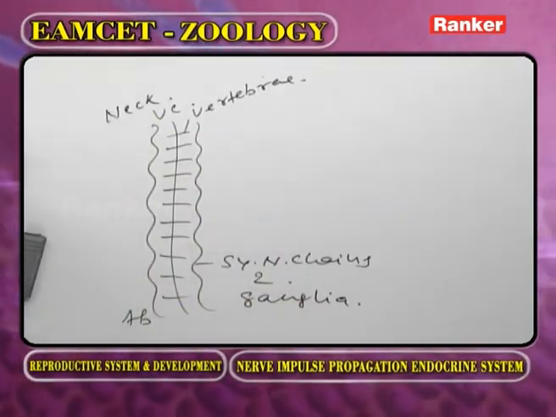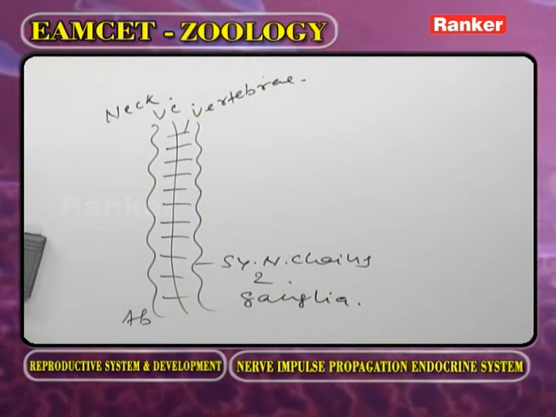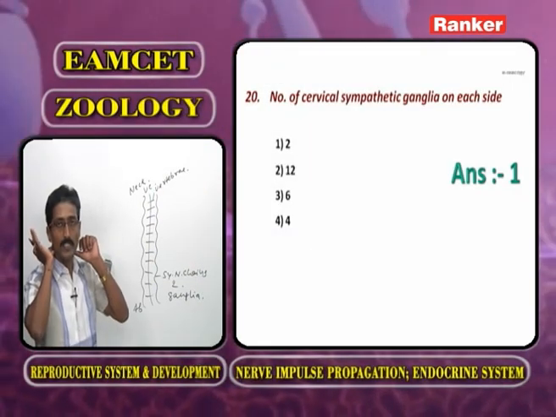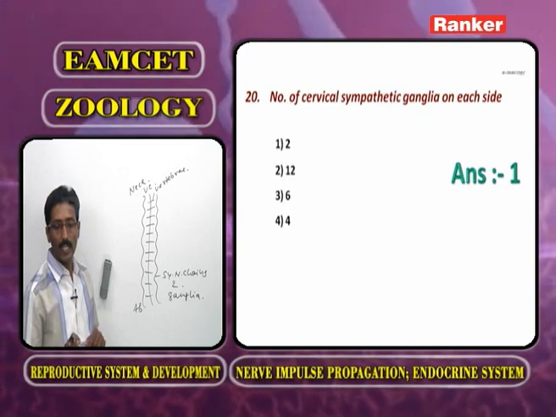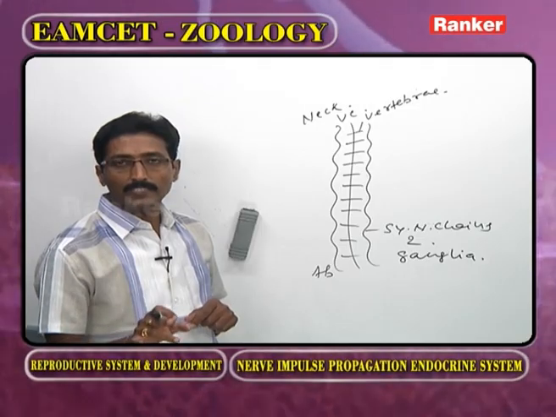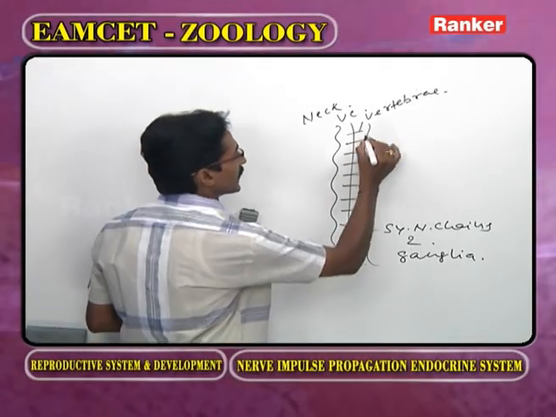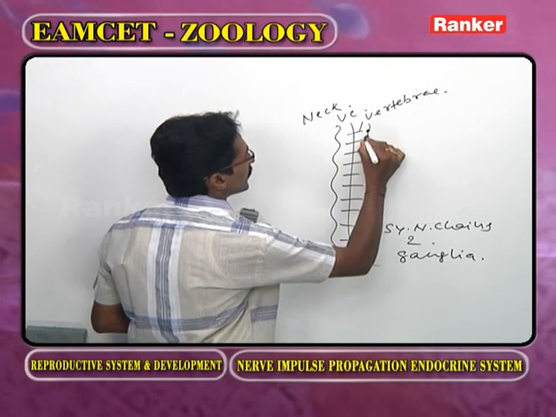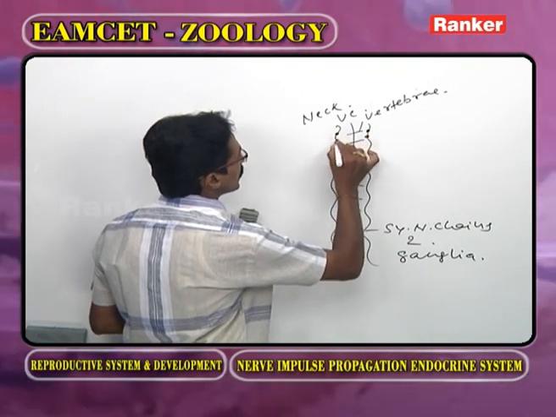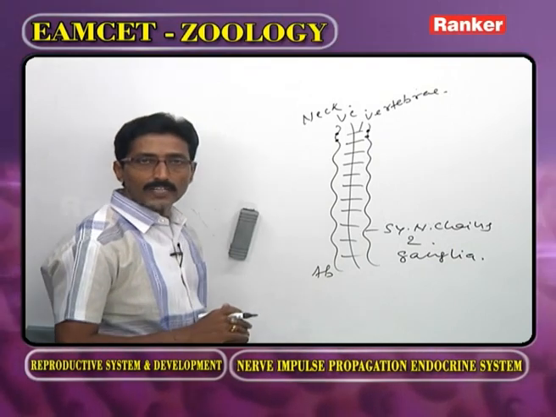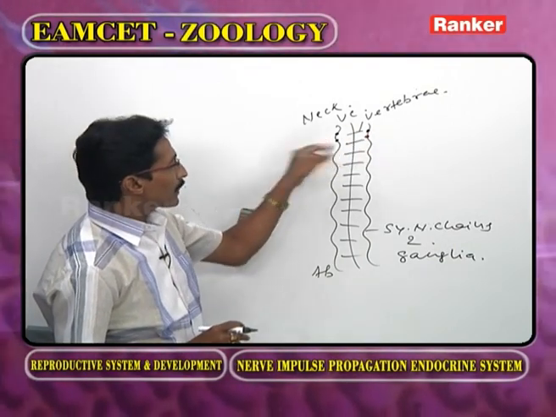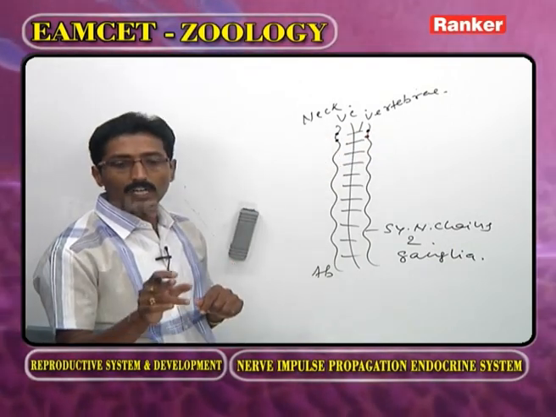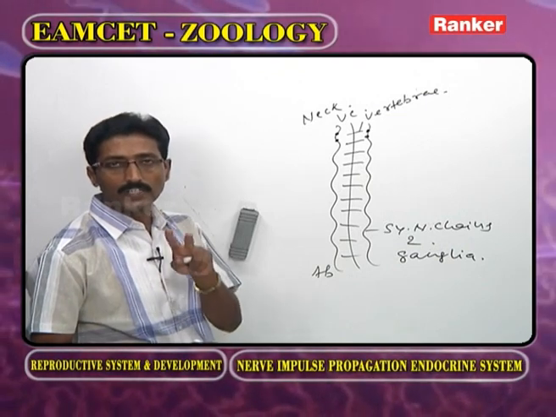Now, what is the question? Number of cervical, and cervical means neck. Number of cervical sympathetic ganglia on each side. On each side there are 2, here 2, total 2 plus 2, 4. But the question asks on each side, so the answer is 2.